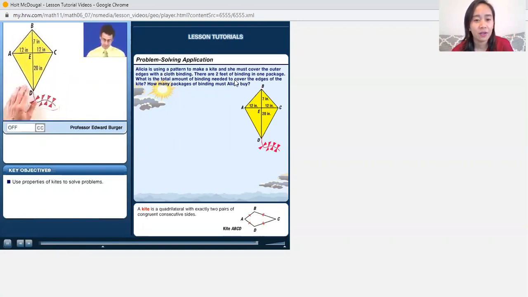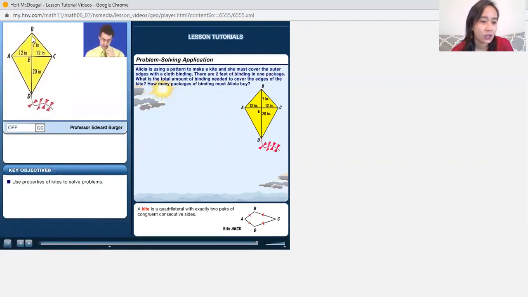So here, it's asking for the total amount of binding needed to cover the edges of the kite. So we have to find that side, that side, that side, and the right side first.